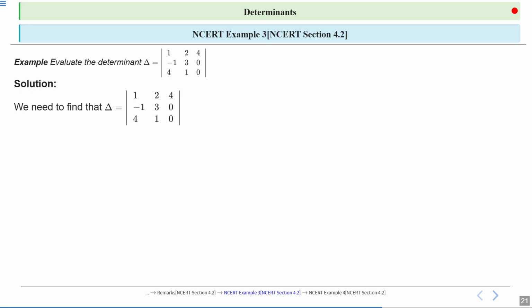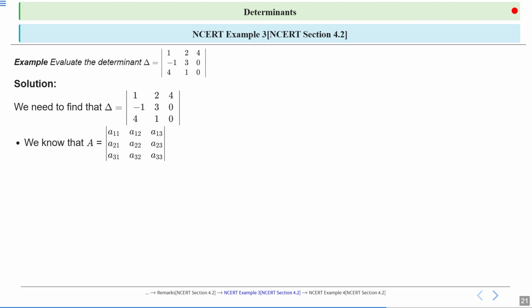So we need to find the determinant of [1 2 4; -1 3 0; 4 1 0]. So we know that if A is equal to A11, A12, A13, representation of elements of a matrix of order 3 cross 3.